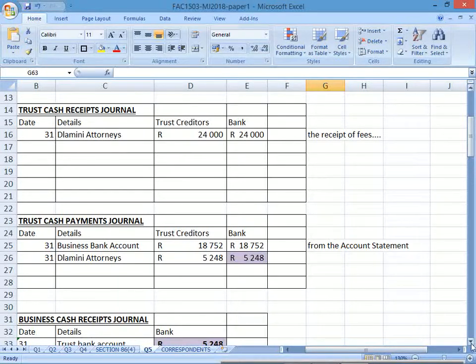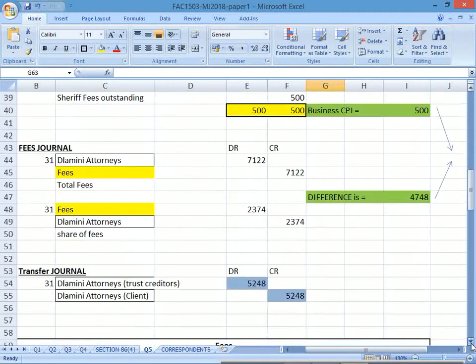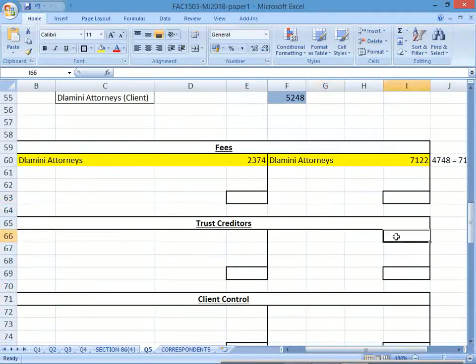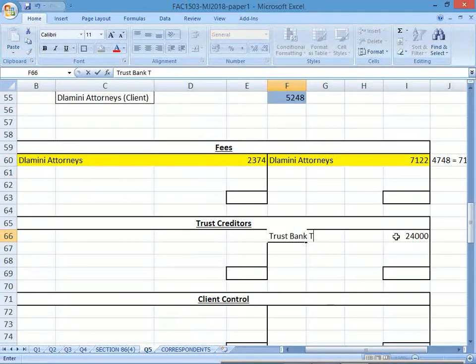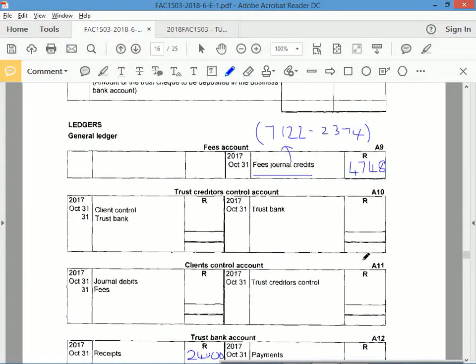That would have been debited to the bank account, so credited to the trust creditors. So there would have been 24,000 sitting here, and that would have been from the trust cash receipts journal. Okay, let's go back up to the top. Let's record it as well. There, 24,000.